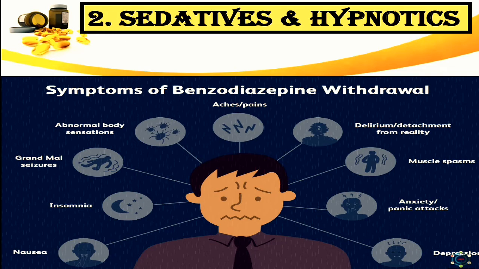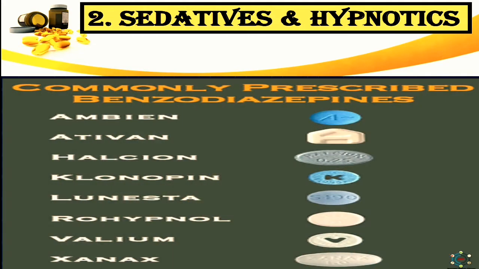There are some symptoms you can see: aches and pains, delirium, detachment from reality, muscle spasm, anxiety, panic attacks, depression, nausea, insomnia, grand mal seizures, abnormal body sensation, etc. Now, commonly prescribed benzodiazepines are Ambien, Ativan, Halcion, Klonopin, Lunesta, Rohypnol, Valium, and Xanax.